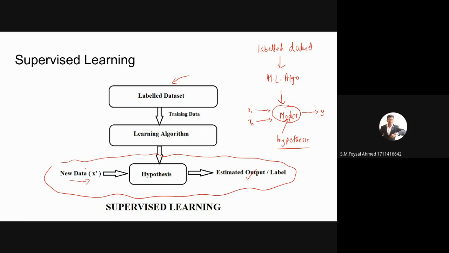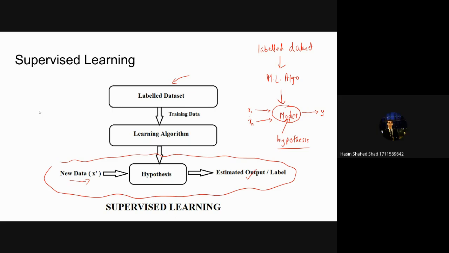Yes, sir. Okay, so that's the overall structure, and I'm going to come back to this diagram again and again because this is the fundamental idea behind supervised learning. Does anyone have any questions so far?